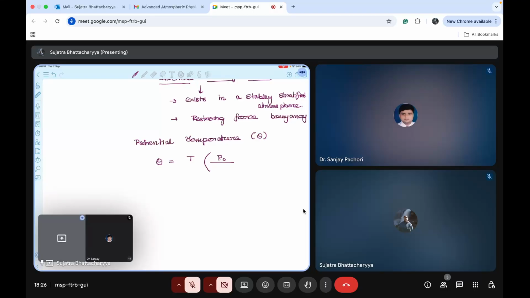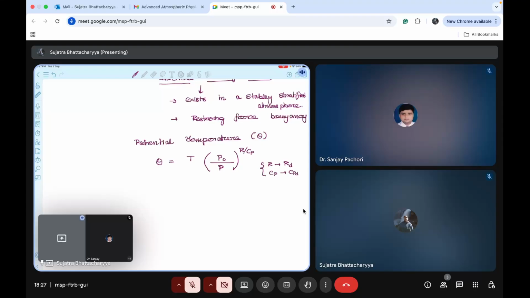Similarly, this is the reference pressure, and this is some arbitrary pressure, to the power R by Cp. Generally, this R is the dry gas constant, and Cp is the dry specific heat at constant pressure.